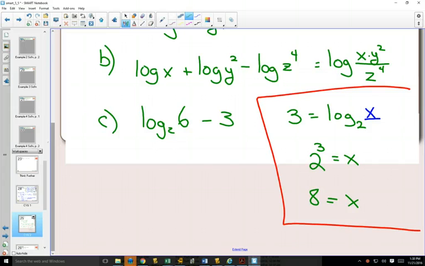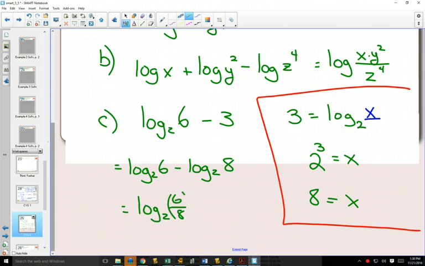So we did that work off to the side so that we can now rewrite this. This is log 2 of 6 minus log 2 of 8. Now we're subtracting with the same bases, so we can use the log law that says you can divide, and you get log 2 of 6 over 8.